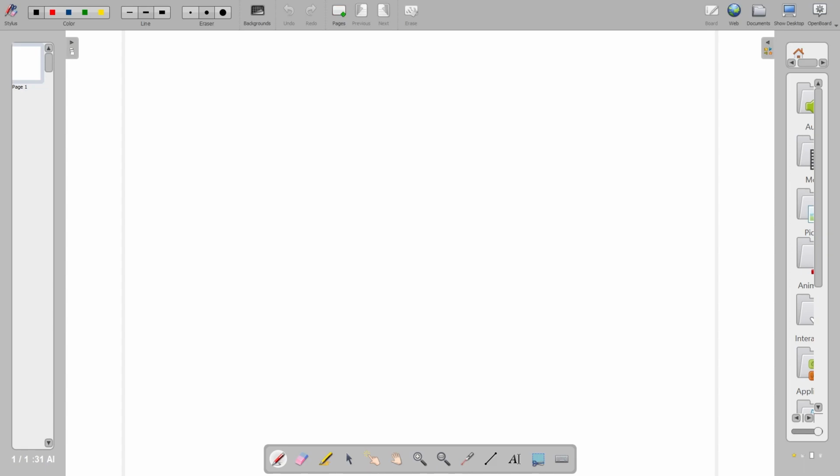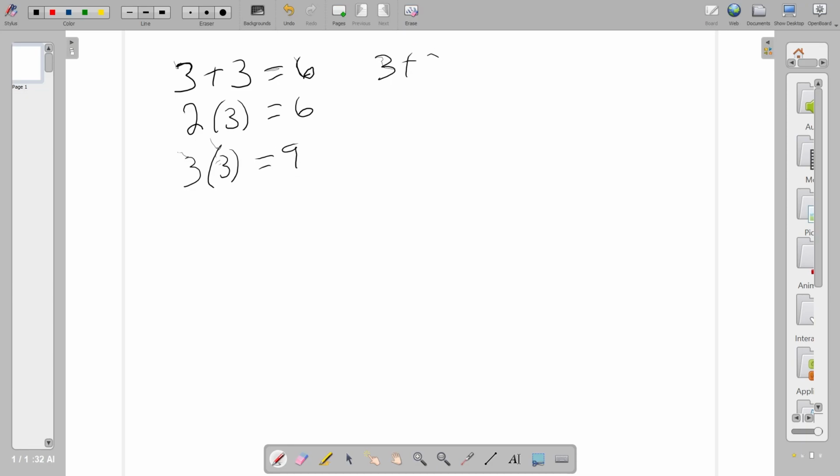So we're all familiar with addition and multiplication, right? 3 plus 3 is 6. So 2 3s are 6. So 2 times 3 is 6 because that's 2 3s. 3 3s is 9, which would be 3 plus 3 plus 3, because it's 3 3s.